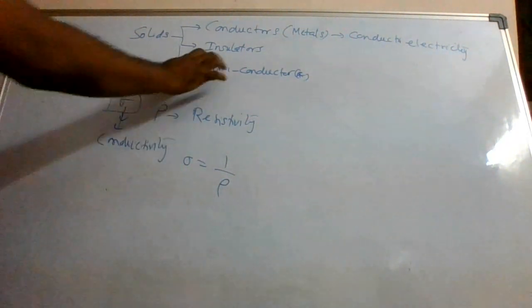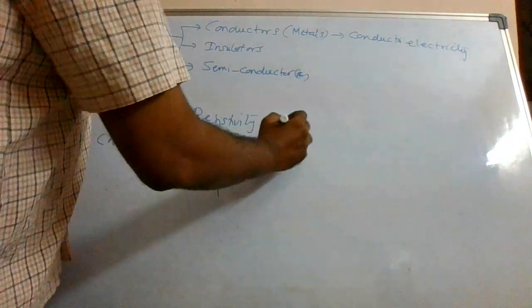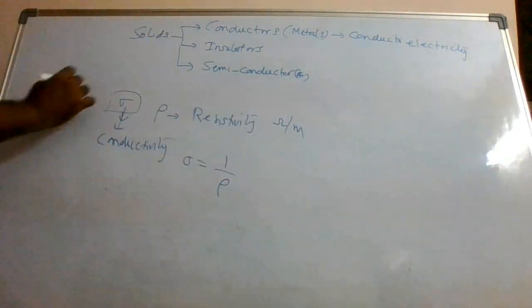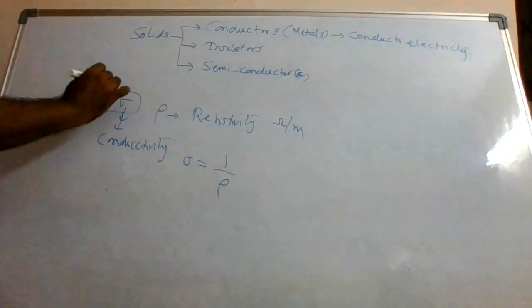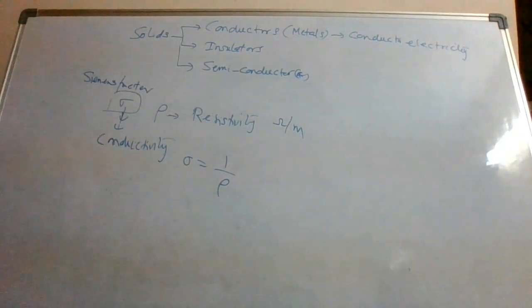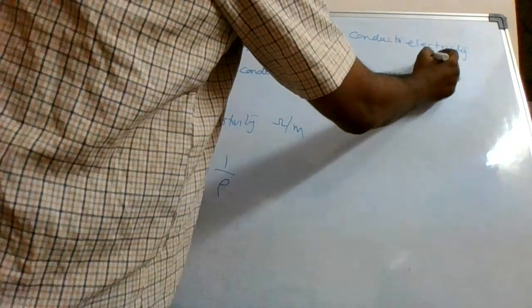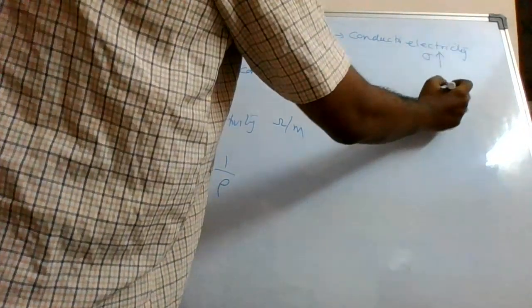More resistivity means it is opposing the flow of free electrons. It is an insulator. This is measured in ohm meters, and this is measured in Siemens per meter. Those are their units. So conductors freely conduct electricity, so their conductivity value will be very high and resistivity will be very low.